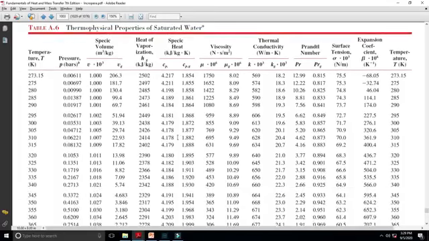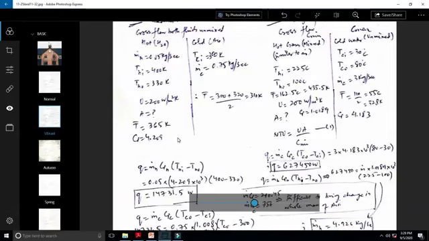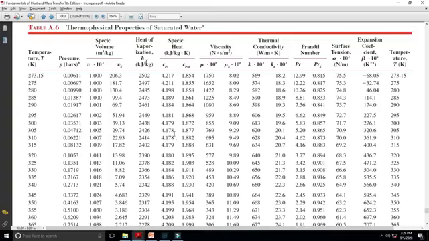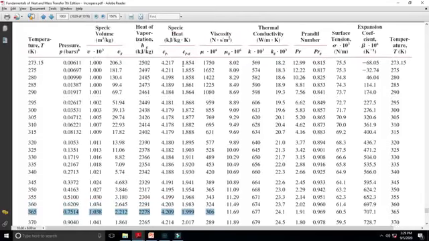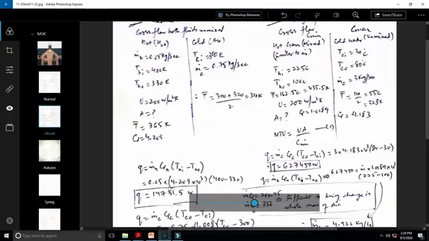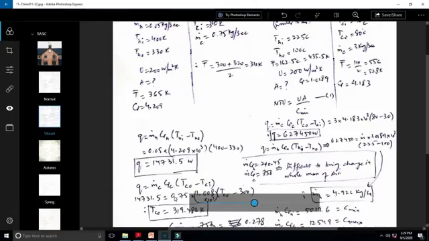At a mean temperature of 365 Kelvin, this would be the row of our interest. The value of Cp is given to us as 4.209 kilojoules per kg per Kelvin. So we get Q as 14731.5 watts.